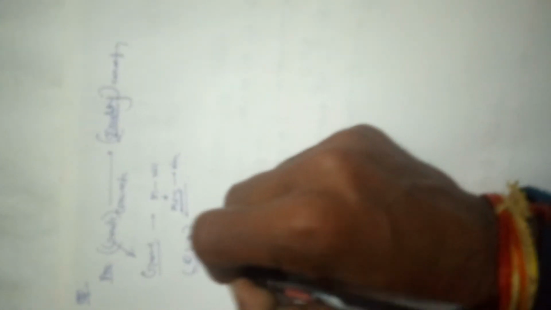Let's suppose we use concrete of M20. It means this 20 is the characteristic strength of the concrete after 28 days in Newton per mm square, when we test a cube of dimensions 150 mm.